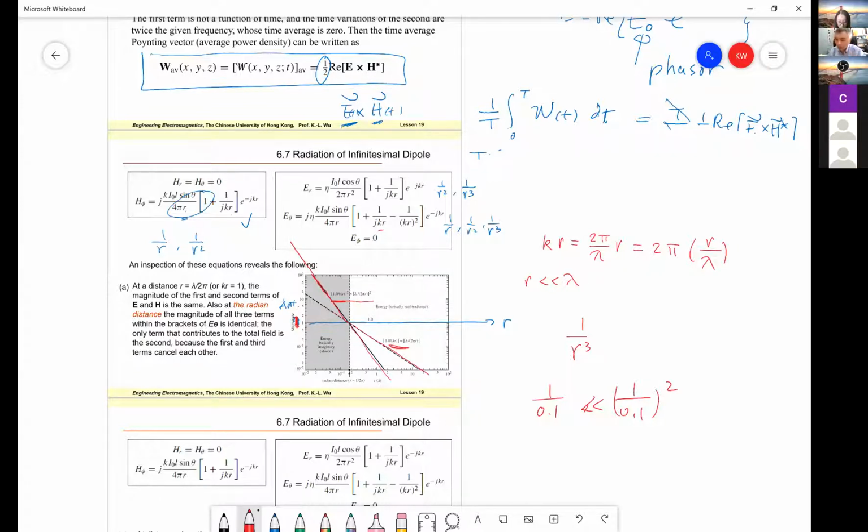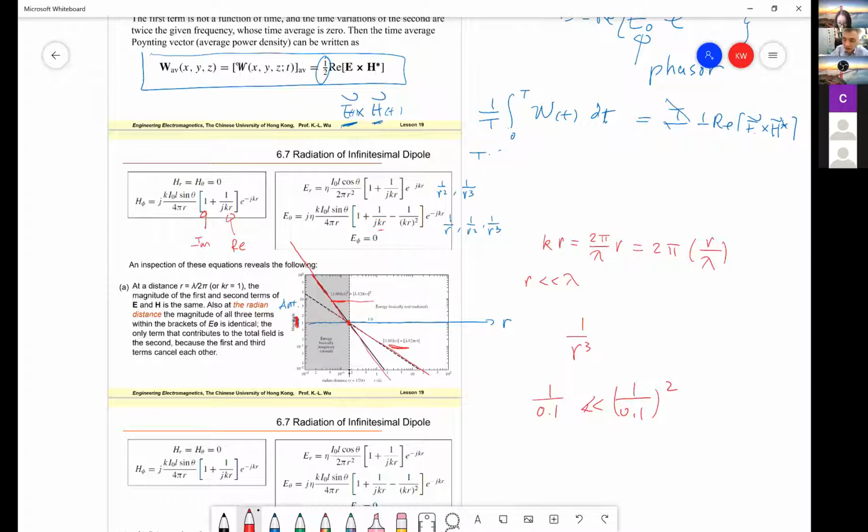So the dividing point is KR equal to 1. When KR equals 1, it is very interesting, right? For the magnetic field, the real part and this imaginary part, because we have j here, become equal.